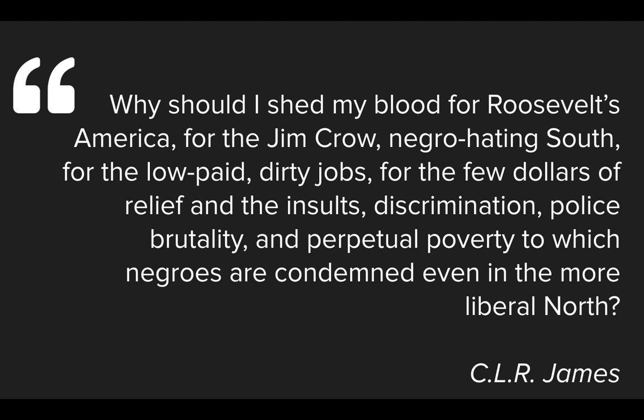This is an amazing quote by a Black military soldier. He says, "Why should I shed my blood for Roosevelt's America?" And Franklin Delano Roosevelt was the president at the time. That's who he is referring to. "For the Jim Crow, for that segregation in the South, for the Negro-hating South, for the low-paid, dirty jobs, for few dollars of relief, and the insults, discrimination, police brutality, and perpetual poverty to which Negroes are condemned, even in the more liberal North."